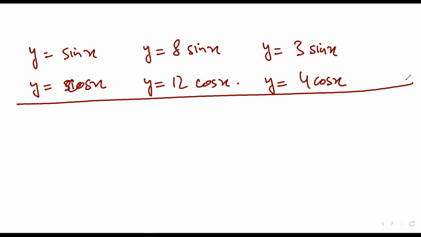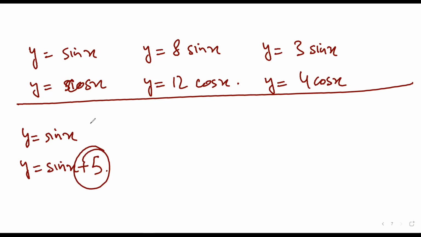And now we come to the second thing, which again is a pretty easy thing. So for example, y is equal to sin x and y is equal to sin x plus 5. So what does this plus 5 do to this y is equal to sin x curve? Okay.